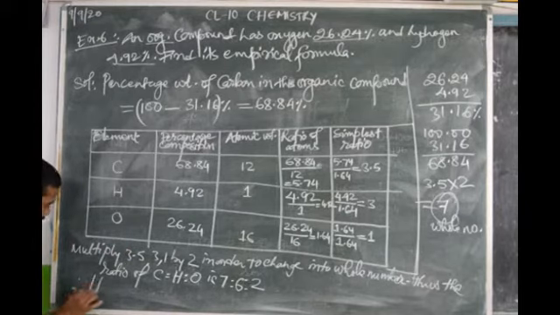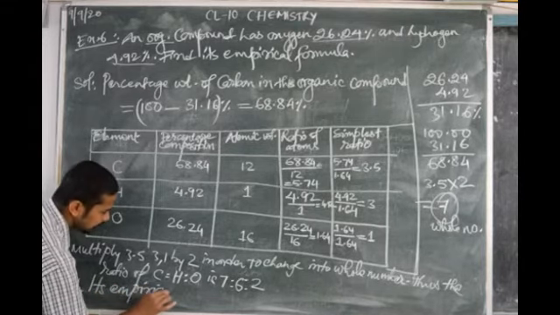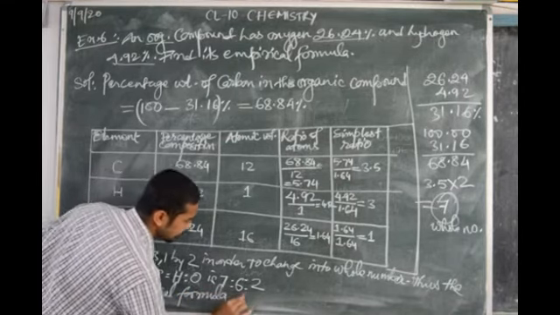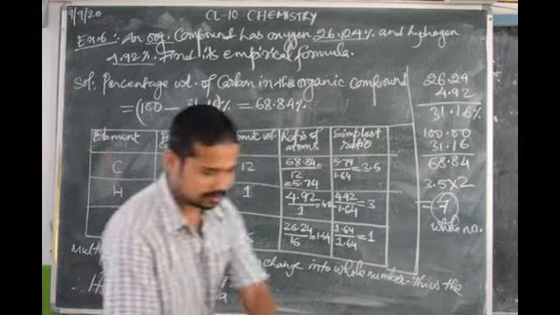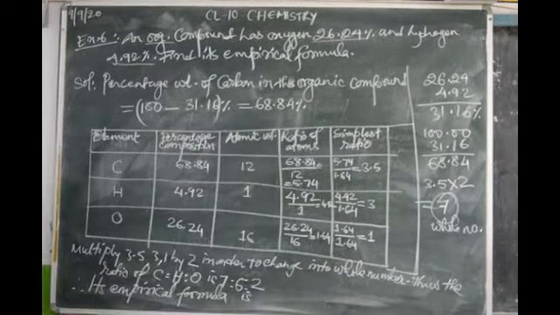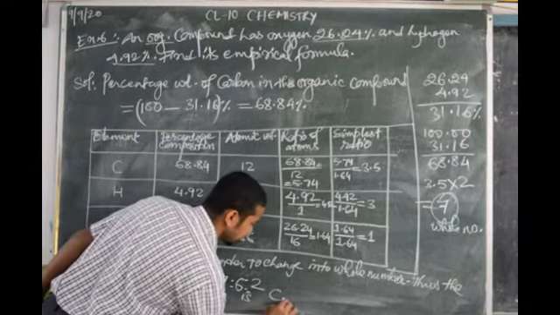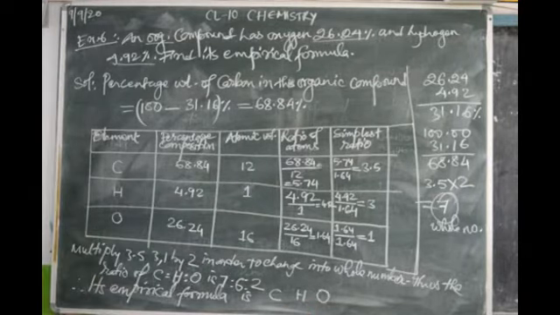Therefore, its empirical formula is, so what is its empirical formula then? Write the symbols CHO.